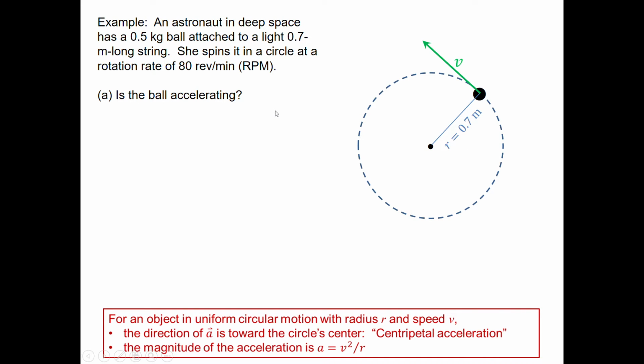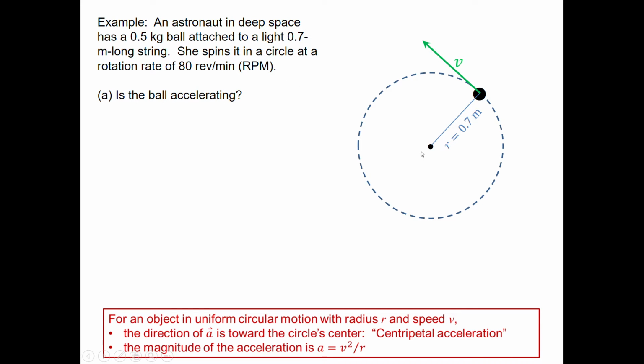Okay, let's start out with an elementary, just sort of calculational example, and I'll show you a little trick that we'll get some mileage out of. An astronaut in deep space has a half-kilogram ball attached to a light 0.7 meter long string. She spins it in a circle at a rotation rate of 80 revolutions per minute, and sometimes people abbreviate revolutions per minute as RPM.